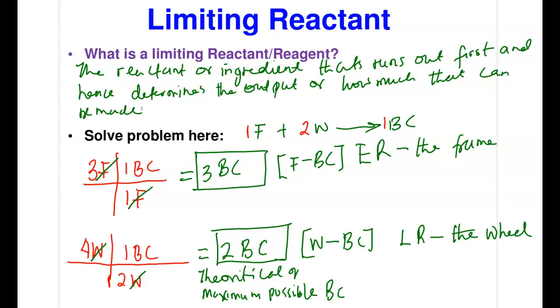That is what a limiting reactant is. So the limiting reactant is what tells you how much of the product you can get in a reaction, and not the excess reactant, because the excess reactant value is not a theoretically possible value.